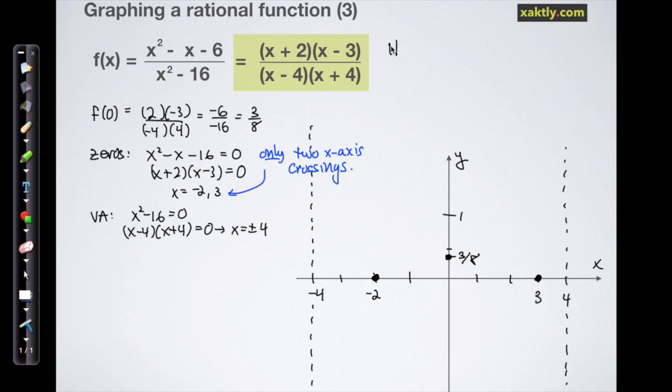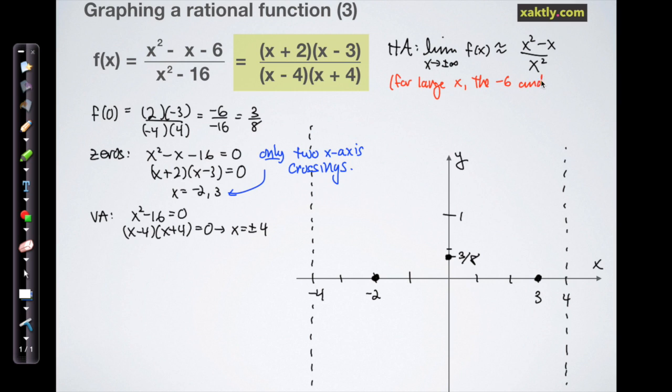Next, we find the horizontal asymptote by asking what's the limit of this function as x goes to plus or minus infinity. One way to think about it is, at very large x, the minus 6 and the minus 16 don't really matter. So this is approximately equal to x squared minus x over x squared.